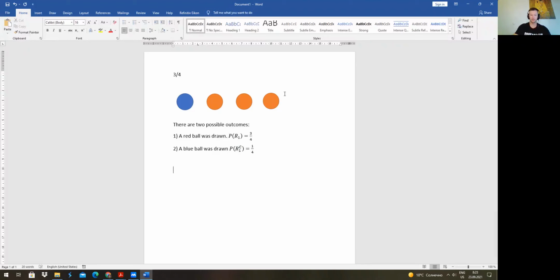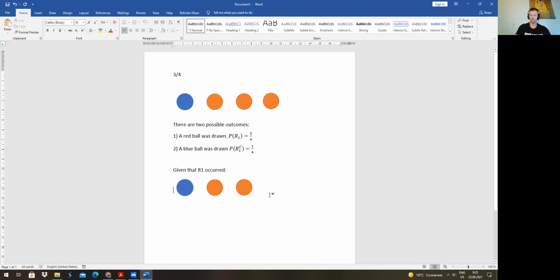Now look, if we have the first outcome, so then we have on the second step, given that R1 occurred, we have this.